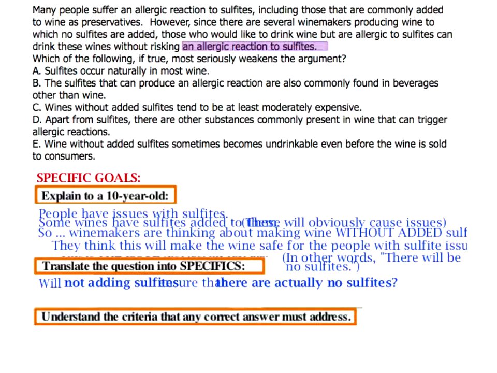What we need is, because the only way that this will not be a solid argument is if there are still what in that wine? If there are still sulfites, I'm sure. Exactly the point, right? The only way this can be wrong, the only possible fault here, is if there still might be sulfites.